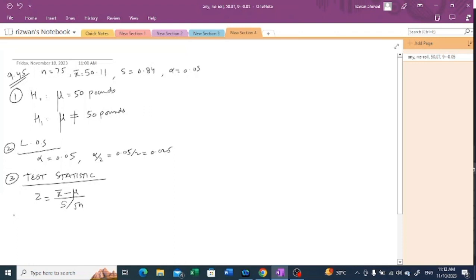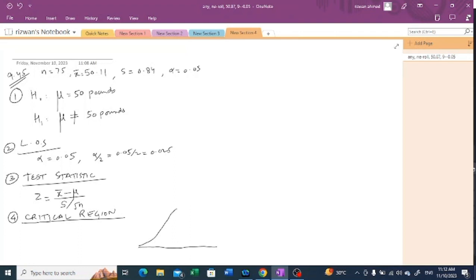Now, same as before, we state the critical region, the condition under which our null hypothesis would be rejected. So we draw the curve. Again, a bell-shaped curve, and this time we indicate the rejection regions on both the right and left hand sides because this is a two-tailed test, with 0.025 here and 0.025 here.